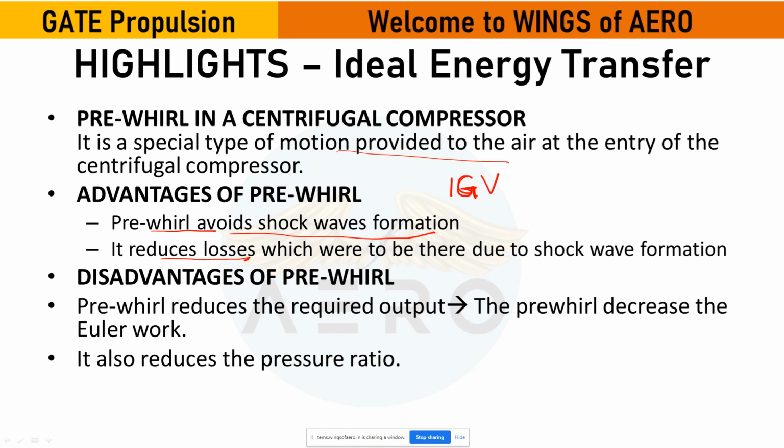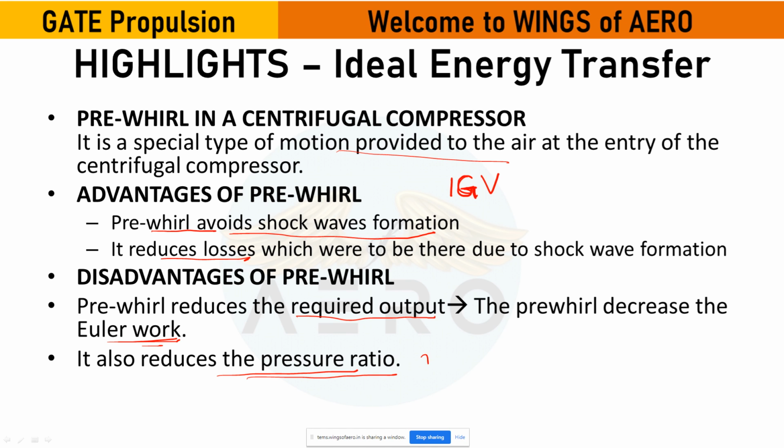But there are some disadvantages in this pre-whirl consideration. It reduces the work output, because pre-whirl decreases the Euler's work, as there will be some reduction in the overall pressure ratio.